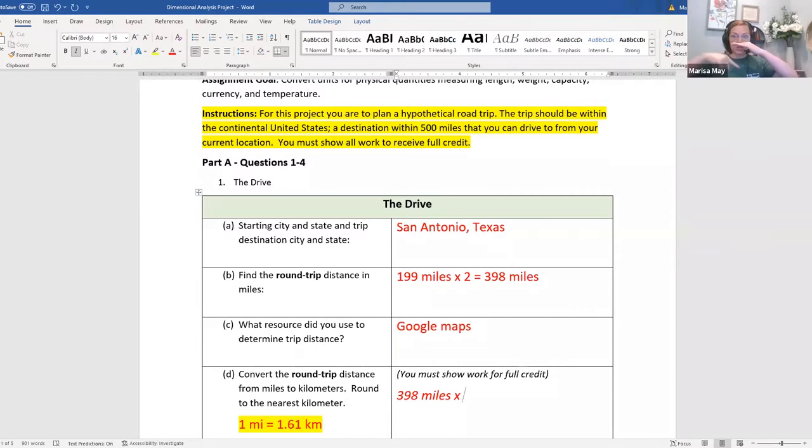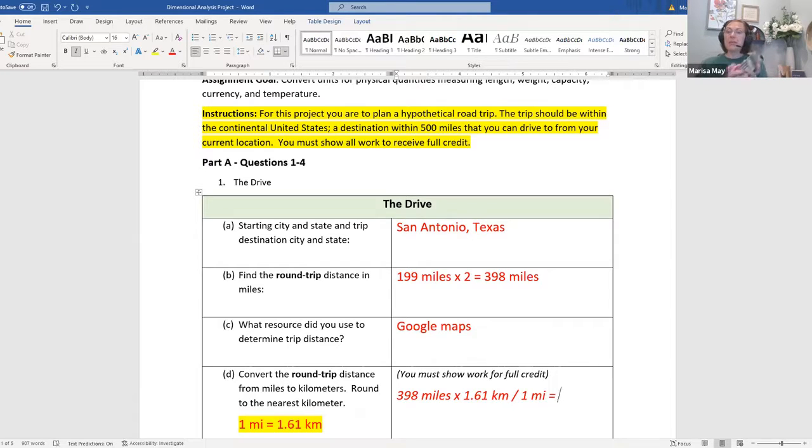I need the miles on the bottom and the kilometers on the top. So when I write this in one line, it might look something like this, 1.61 kilometers per 1 mile. Yours is going to look different. Your conversion is going to look the same, but your amount of miles is going to be different.